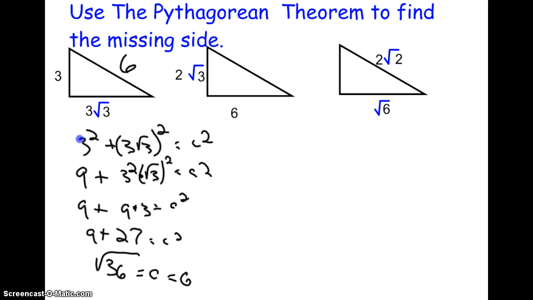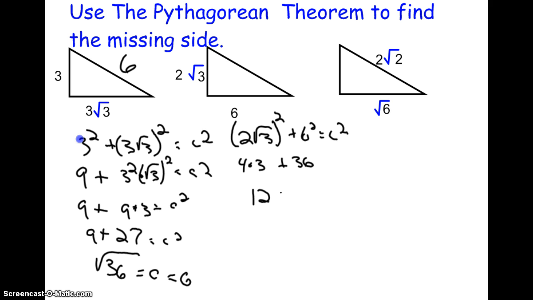If we turn this around, go a little further here, short leg 2 square root of 3 squared plus 6 squared equals c squared. There again, 2 squared is 4. Square root of 3 squared is 3. 4 times 3 is 12. 6 squared is 36. 12 plus 36 makes 48.